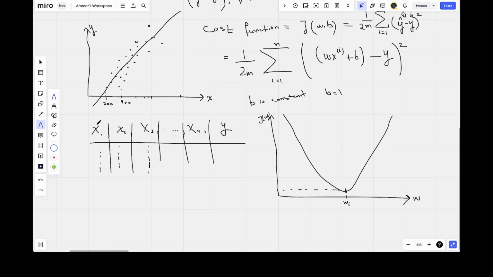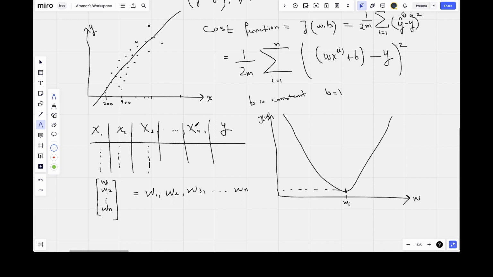For each of these input values, you would have w1, w2, w3, all the way up to wn associated with all of these input variables. Let's represent this as a vector.